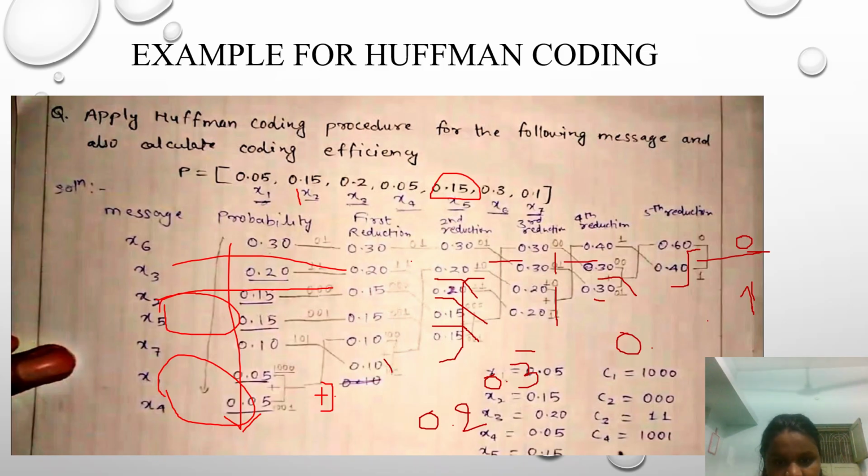The traversals are done here. So 1 0 1, and here the summation 0.1 comes from this one. So 0.05 and 0.05, whose respective code words will be 1 0 0 0 and 1 0 0 1, and we are also assigning 0 and 1.